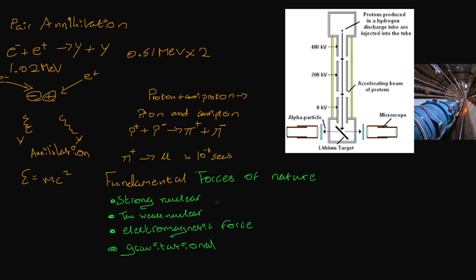So we'll have 1 beside the strong nuclear, we'll have the weak nuclear 10 to the minus 2 times weaker than the strong nuclear. Then electromagnetic is 10 to the minus 13 weaker than the weak nuclear. And then gravitational force is 10 to the minus 40, the weakest of the fundamental forces.